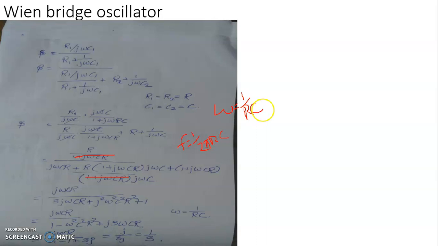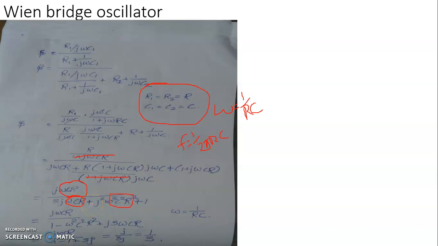This is the frequency of the series resonance circuit also, since we have this assumption R1 equals R2 equals R and C1 equals C2 equals C. So omega equal to 1 by RC, or omega RC equal to 1. So you can substitute omega RC here, that's equal to 1. Here, that's equal to 1. Here omega square C square R square, omega RC whole square, that's also equal to 1.